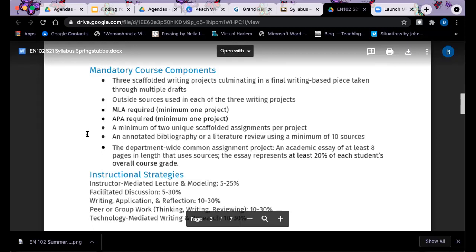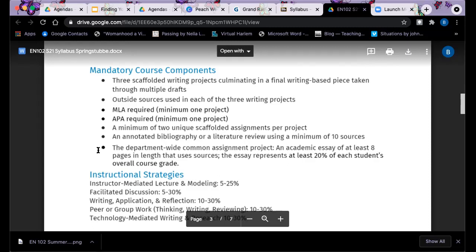You are required to produce either an annotated bibliography or a literature review using a minimum of 10 sources. I have chosen for our class to do the literature review. It fits very nicely with 1, writing in APA format, and 2, the work that our textbook asks us to do. The literature review naturally will come out of that.